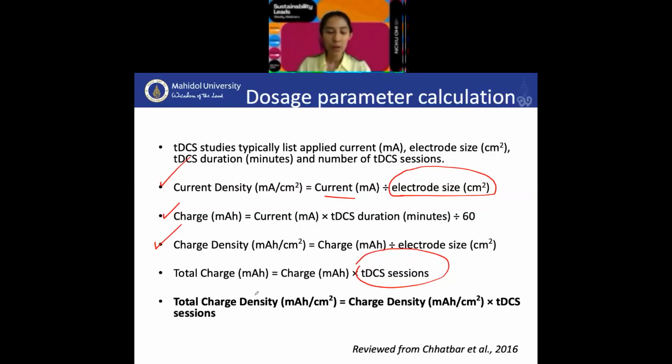So at the end, you will have the total charge density. If you publish tDCS today, it's better to give the total charge density in the paper too, so people can compare to other studies the total charge density that you used.